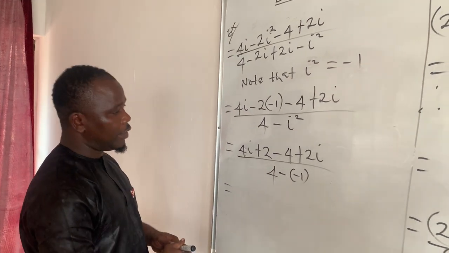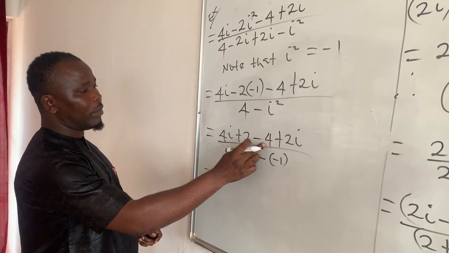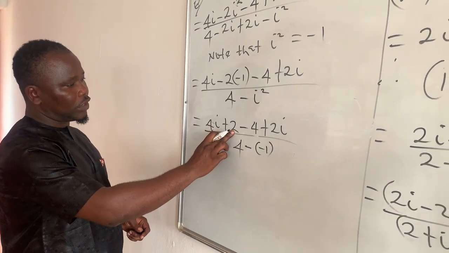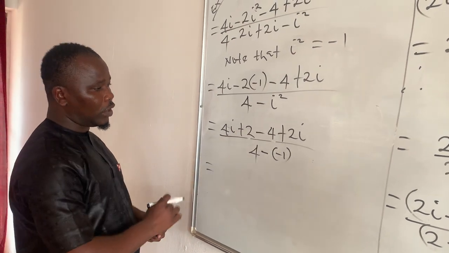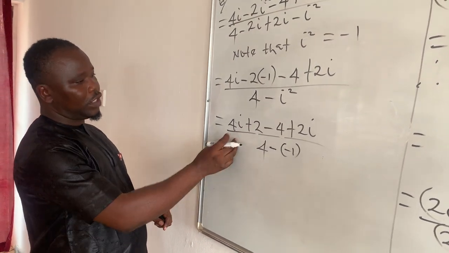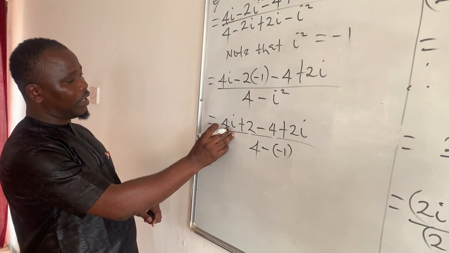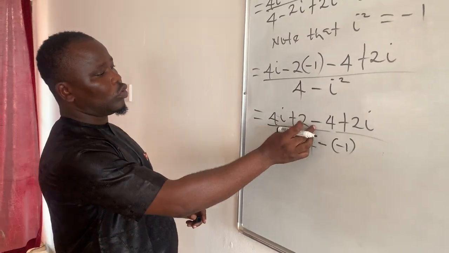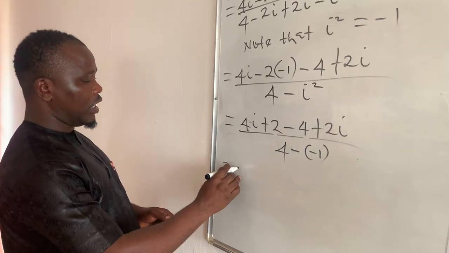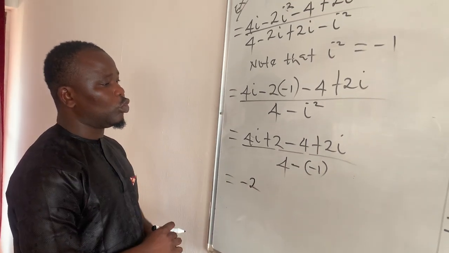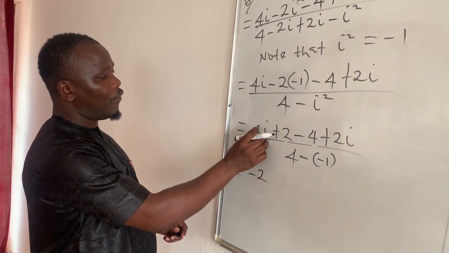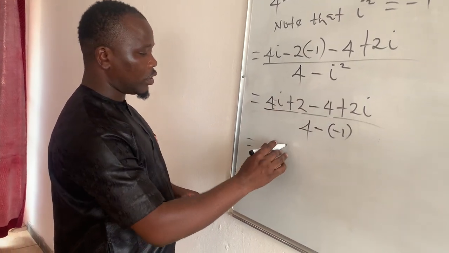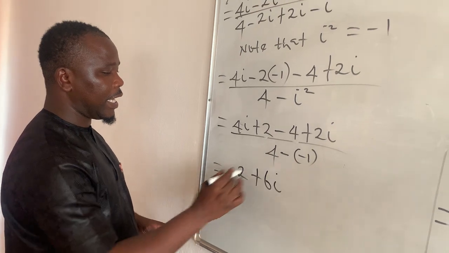Here we have 2 minus 4, which is the real part. The imaginary parts we have here are 4i and plus 2i. So 2 minus 4 will definitely give us minus 2, and 4i plus 2i will give us plus 6i.